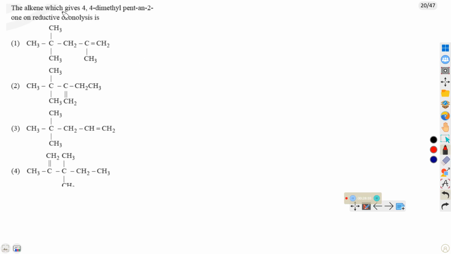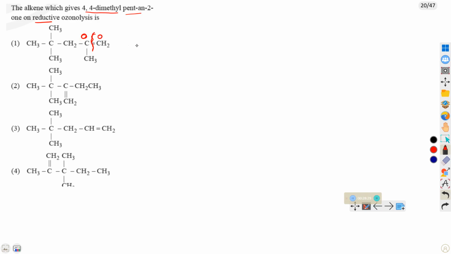The alkene which gives 4,4 dimethyl pentane 2-one on reductive ozonolysis. In reductive ozonolysis, break the double bond and add oxygen on the left side and right side.